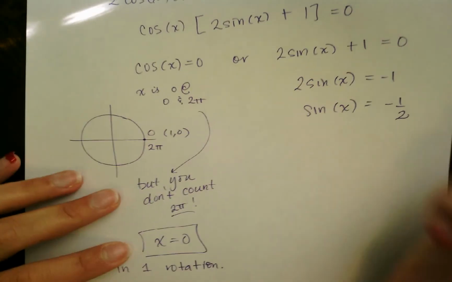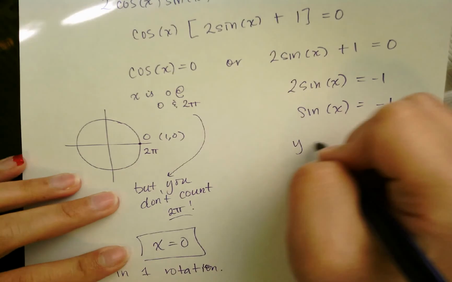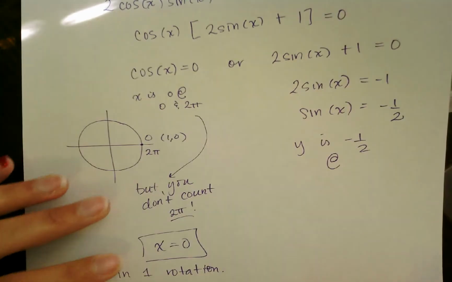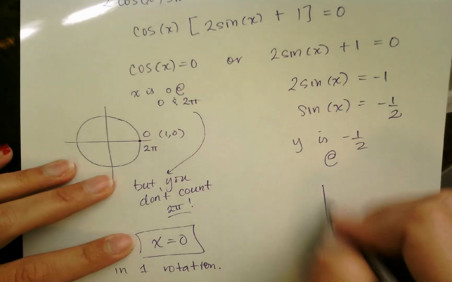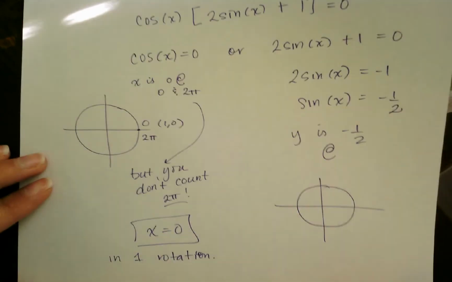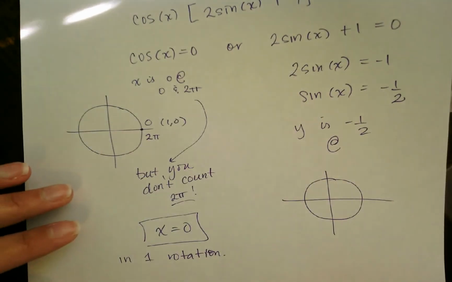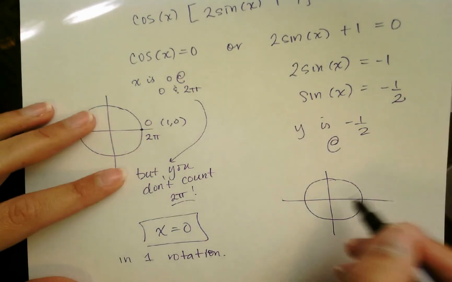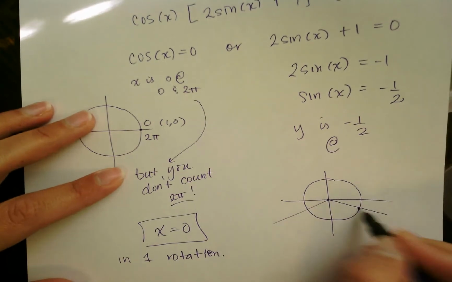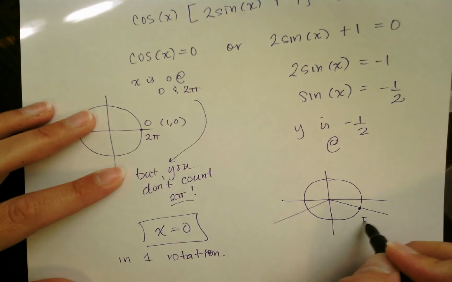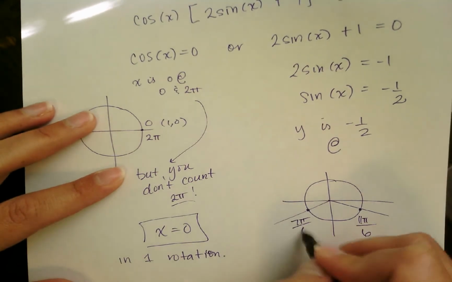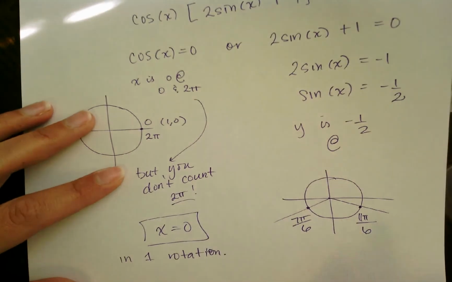So now where is y negative 1/2 on the unit circle? 11 pi over 6 and 7 pi over 6. The reference angle is pi over 6, and it's negative, so Logan said 11 pi over 6, and this one is 7 pi over 6, because you want the y's to be negative.